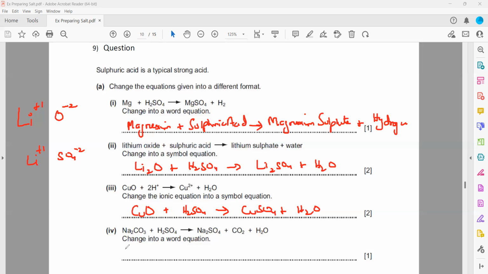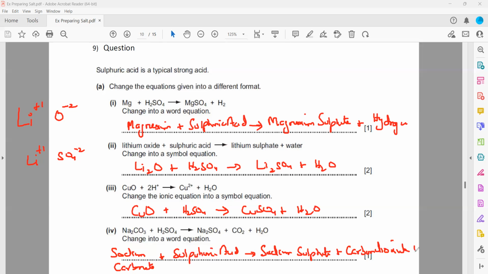Then change into a word equation: sodium carbonate plus sulfuric acid gives sodium sulfate. As a result, it will produce sodium sulfate plus carbon dioxide, plus water as one of the products.